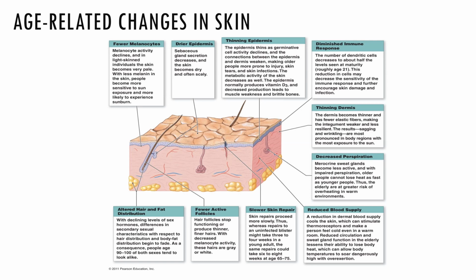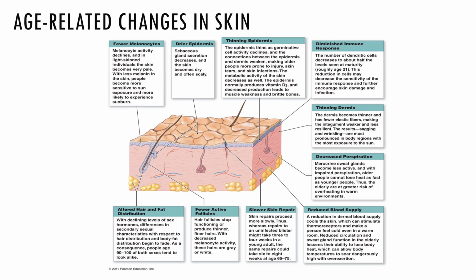Sebaceous gland secretions decrease with age, so the skin can become more dry and often scaly. The epidermis thins as cell activity declines, and the connections between the epidermis and the dermis weaken. That makes us more prone to injury as we age, and also more prone to skin tears and skin infections.